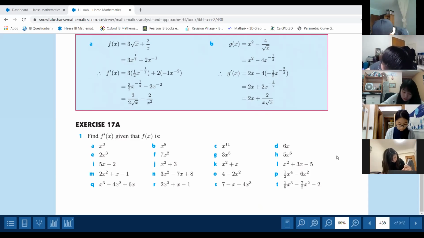Probably you could just put minus 1 over 2, then that is square root of x cubed, right? So if you can just write square root of x cubed first before you write this, I think it will make a lot of difference. Or you could just leave it as 1 over 2, and so on. But if you could write just one more step, I think it's fine. Your final answer is okay. Just one more step would be nice.